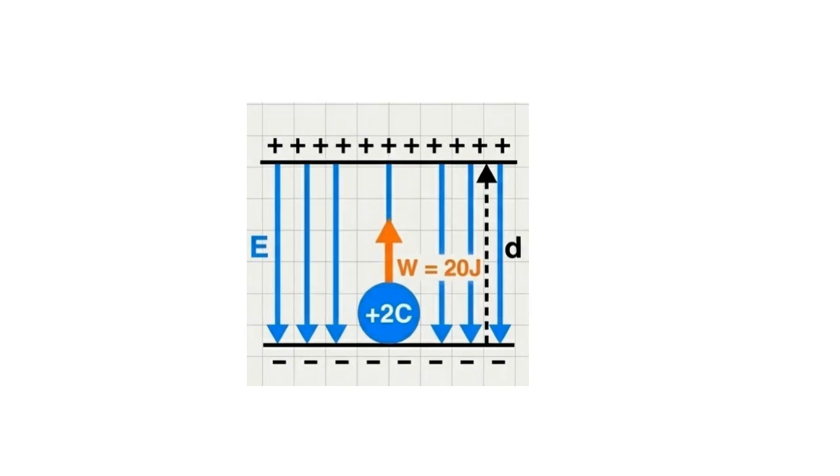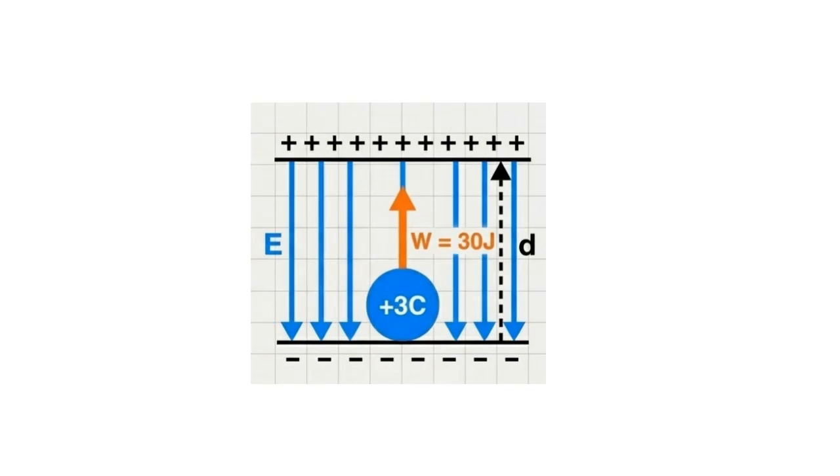Here we see a positively charged particle, labeled plus 2 C, being moved upward between two charged plates. The work done to move this charge against the electric field is 20 joules, as indicated by the arrow labeled W. Twice as much work is needed to lift twice the charge.